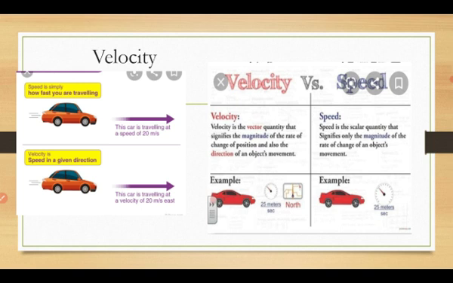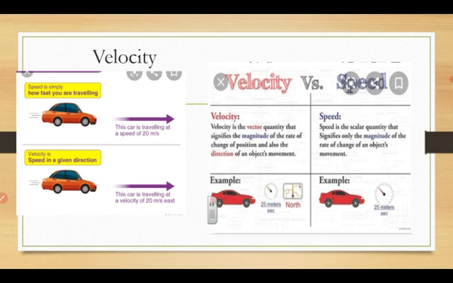It means velocity has a definite direction. When the object starts to move a particular distance with a speed in a particular direction, then it is called velocity. But speed has no definite direction, so speed is a scalar quantity.